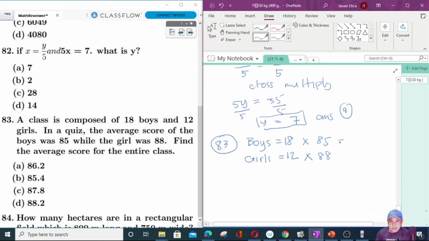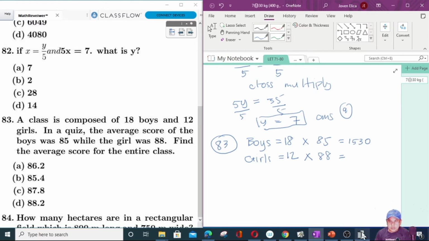So we have 18 times 85, this is 1530, and 12 multiplied by 88.